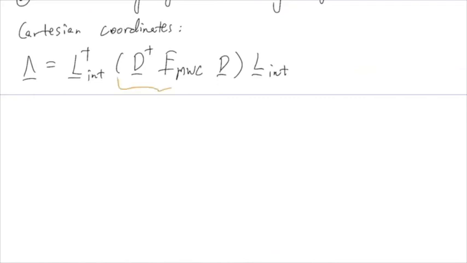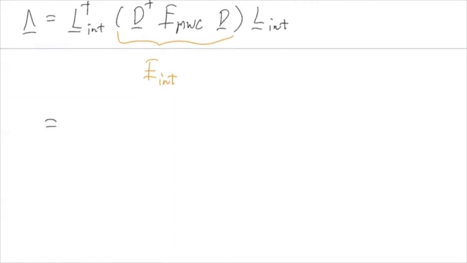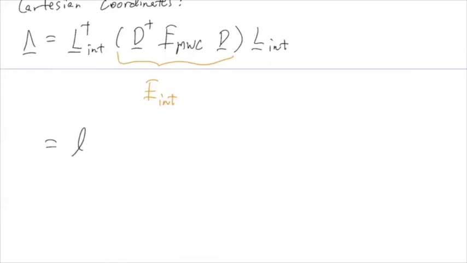This term in the middle is nothing but the internal Hessian, or the Hessian matrix in terms of the internal coordinate, right? So this is diagonalization: L internal times F internal times L internal is nothing but the diagonalization of the internal coordinate Hessian. And of course, you can combine L and D together. You will have a small L diagonal matrix MWC times F MWC times small L MWC, right?